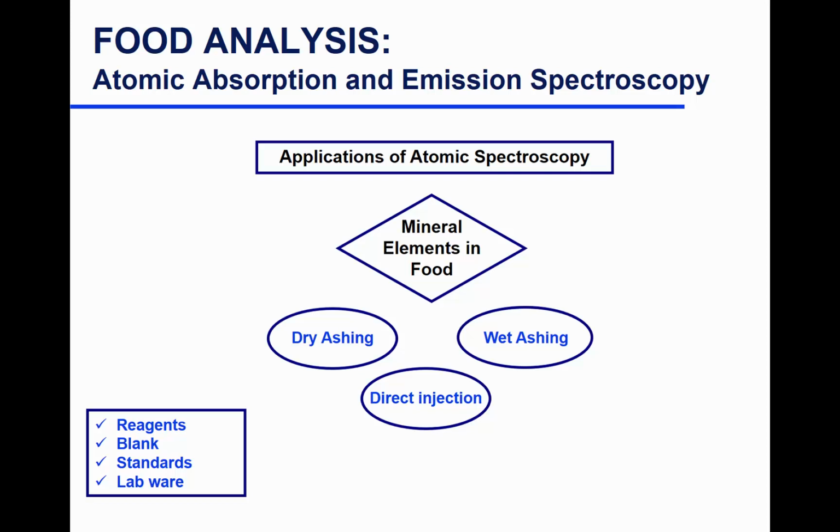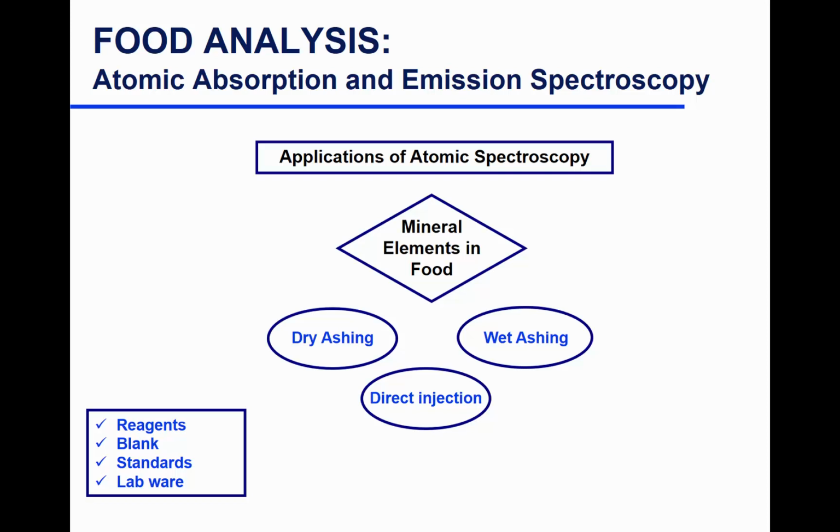Because in wet ashing, you use lower temperature, but you use acids to digest and oxidize your organic matter. So a combination of acid and heat gives you the result of a dry ashing, where all of your organic matter gets oxidized and evaporates.